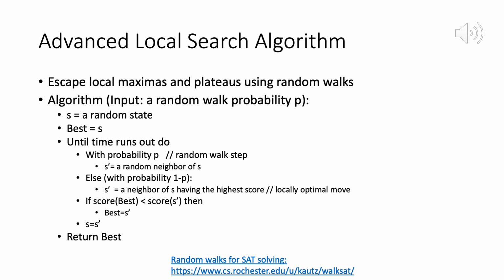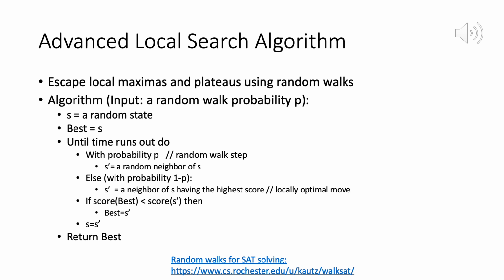In the advanced algorithm, which uses random walk, we only make a locally optimal move with some probability. Specifically, if you look at the algorithm, with probability P, we make a random walk move, namely we move to a random neighbor of S. And with probability 1 minus P, we make a locally optimal move, right?